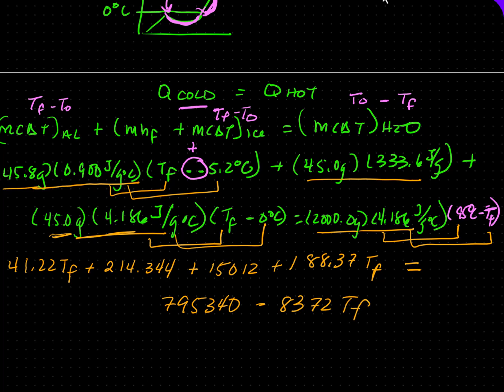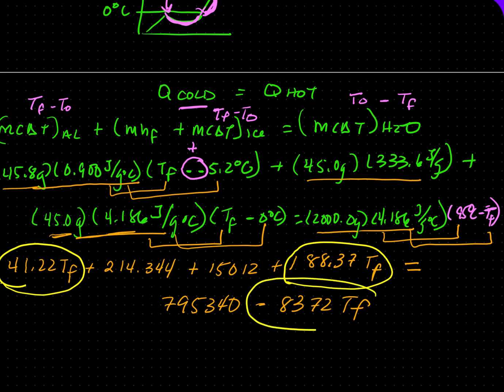8,372 T final. So now I'm going to put all the T finals on one side. I'm going to move them all to the left to make it positive. So we have a T final here and a T final here on the left side, and on the right side we have a negative T final. So I'm going to add 8,372 to both sides. If I do that, I'm going to get 8,601.59 T final.